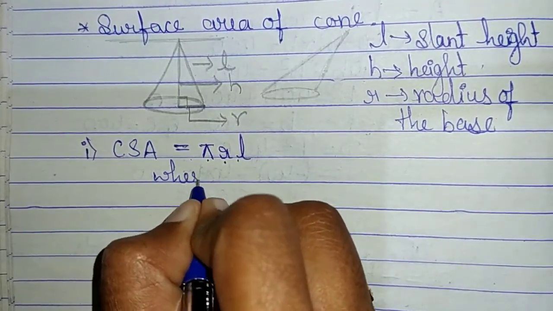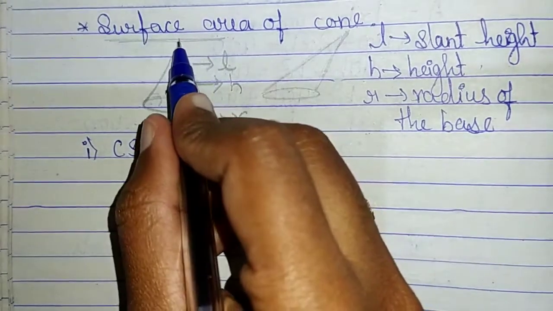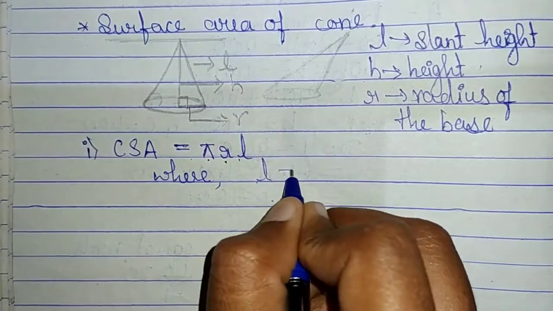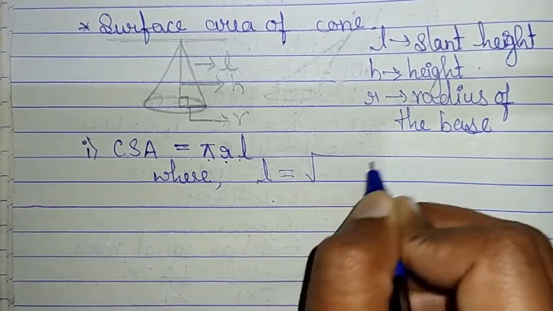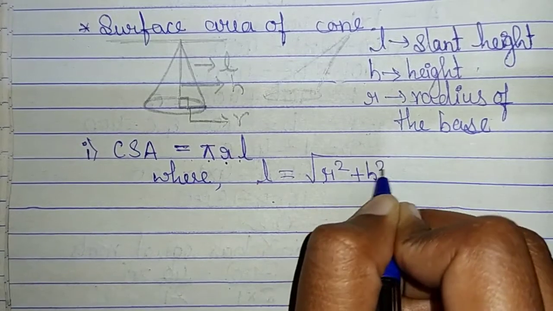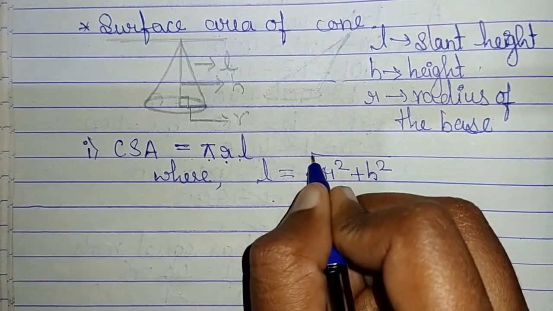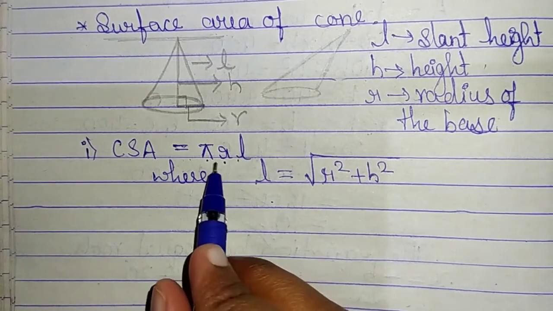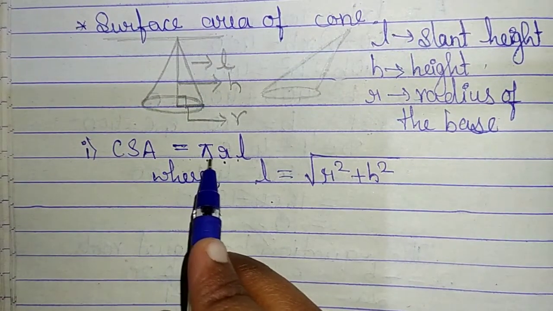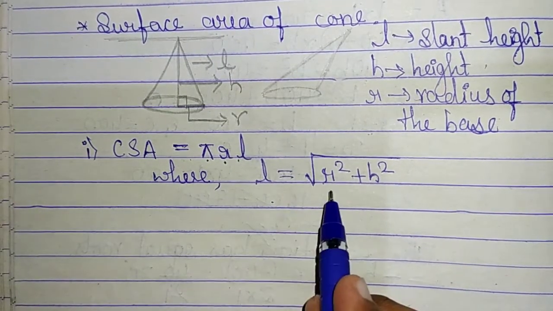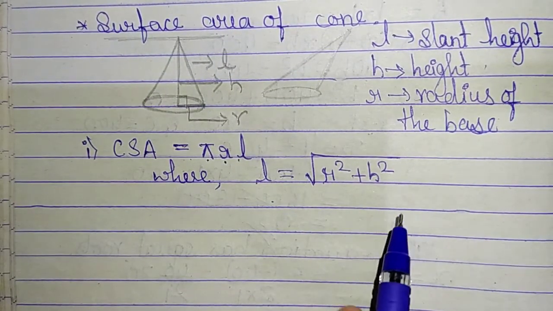And l, as you can see, this is a right angle triangle, so l can be calculated using Pythagoras theorem: l is equal to under root r square plus h square. So curved surface area of the cone is given by pi r l, and l is equal to under root r square plus h square.